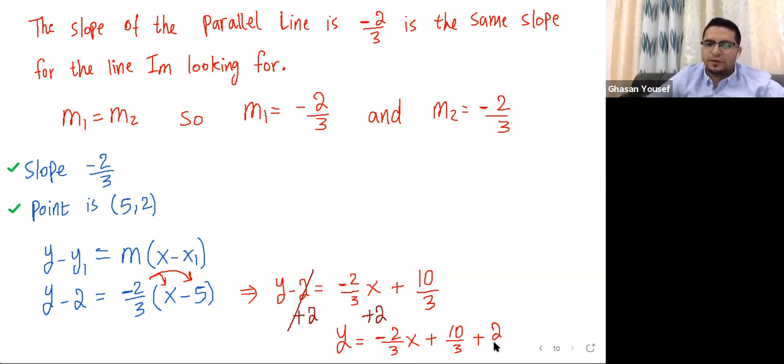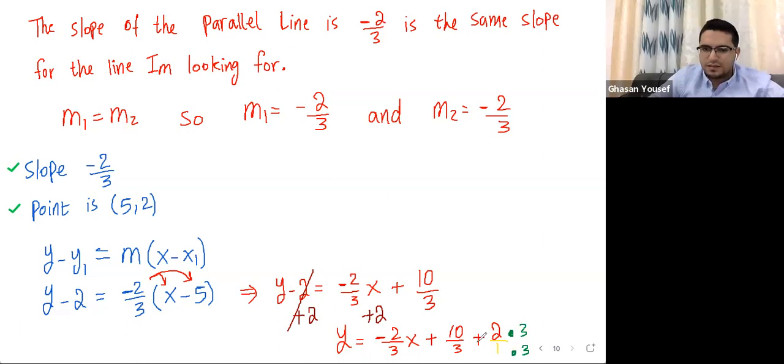We have to make the denominators equal. Here we have 3 and here we have 1, so we have to multiply this one by 3, because we need to make the denominators equal. So here times 3 for both sides.